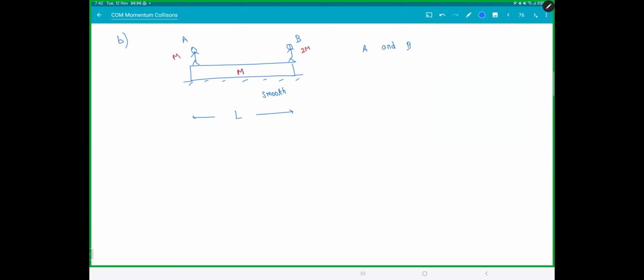So B goes to the left side and A goes to the right side. Find distance moved by the plank. Again, you have to tell me whether it is going right or left also. Yeah, you have to find the value also.